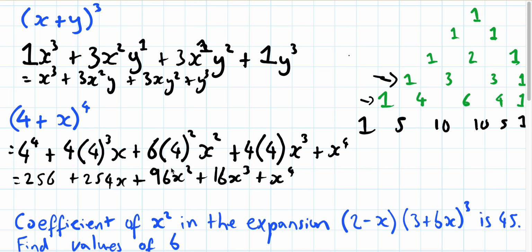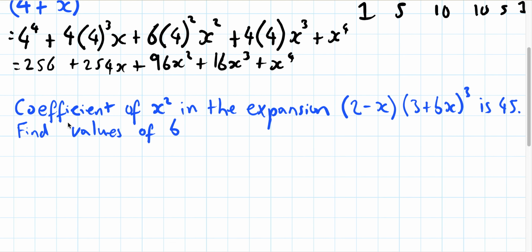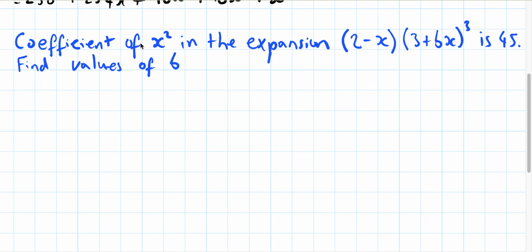Alright, and then another way they can ask you questions is by stating the coefficient of x squared in the expansion of (2 minus x)(3 plus bx) to the power of 3 is 45. Find the values of b. So what we do here is use Pascal's triangle.